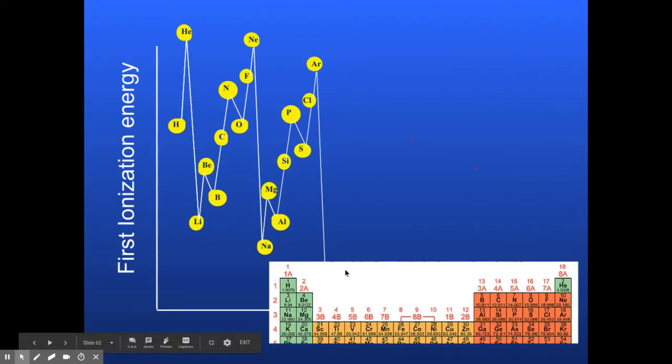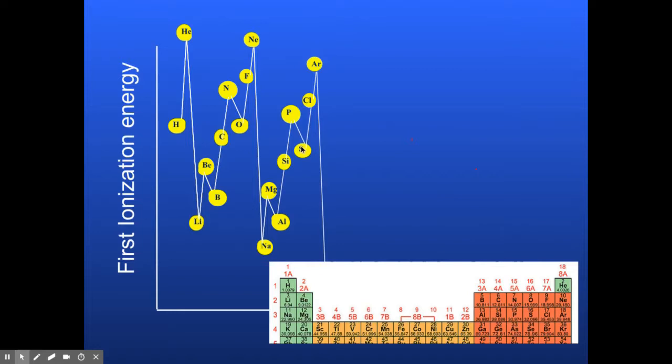But then we go to aluminum, and aluminum, even though it has more protons, is less attracted to the nucleus than that of magnesium. And that is because of penetration. The p electrons cannot penetrate through the shielding as much as s electrons, resulting in less attractiveness, and so lower ionization energy. But then it's overcome by that increase in effective nuclear charge as you get more protons till you get to phosphorus.